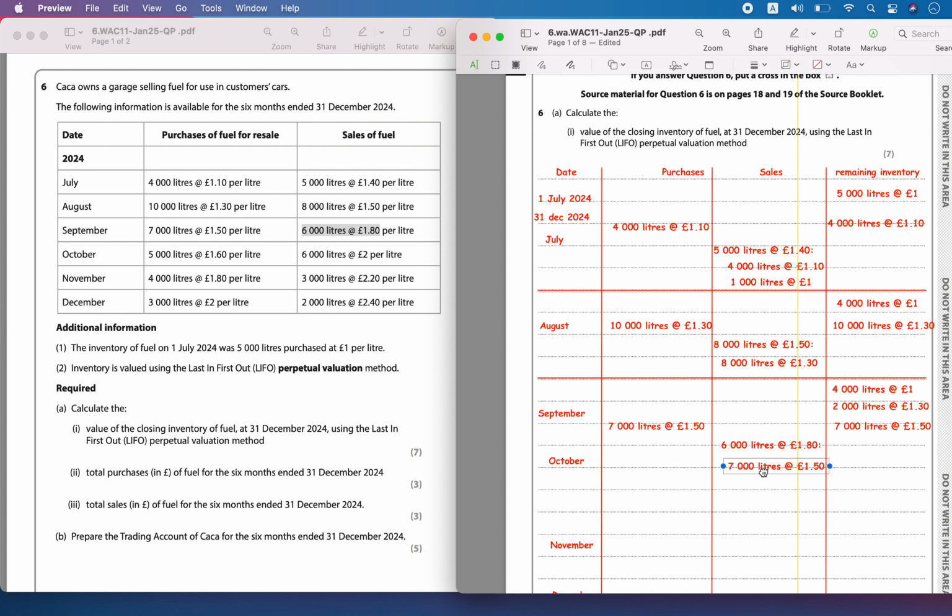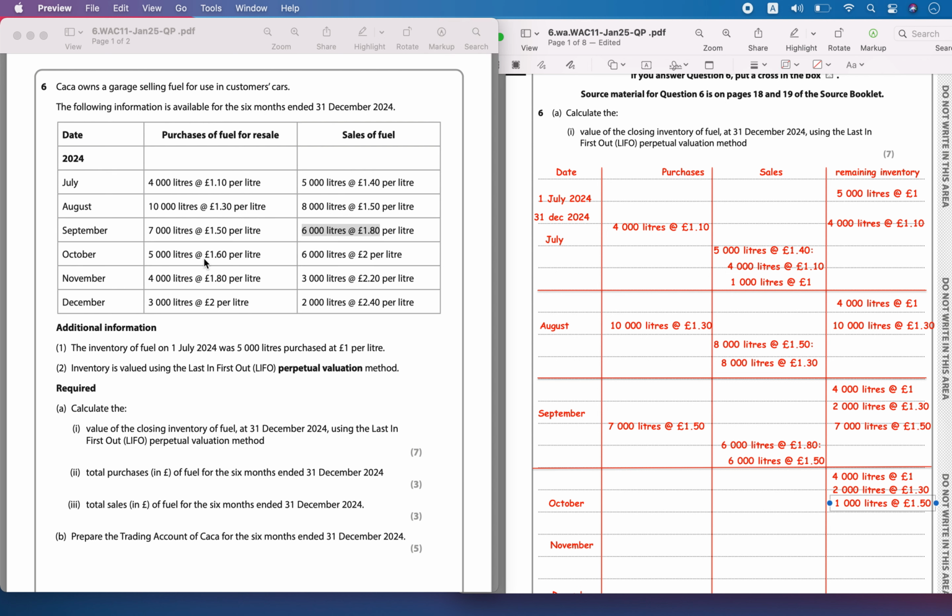We have 7,000, so I can issue 6,000 liters at 1.50 fully. The leftover is 4,000 at £1, 2,000 at 1.30, and only 1,000 liters at 1.50.